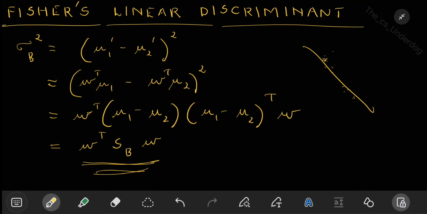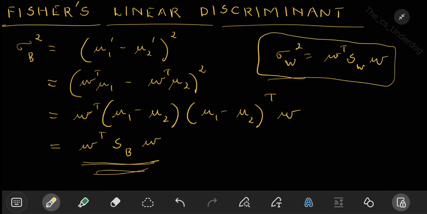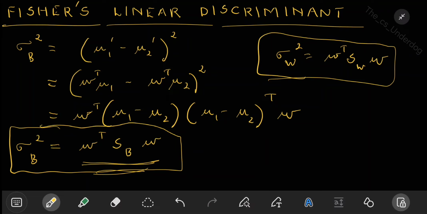So before projection, whatever was the between class variance of the points, that is my SB. And in a similar manner, if you solve, you will get for the within class variance sigma W square equal to W transpose SW into W. So the within class variance is this and between class variance is this.